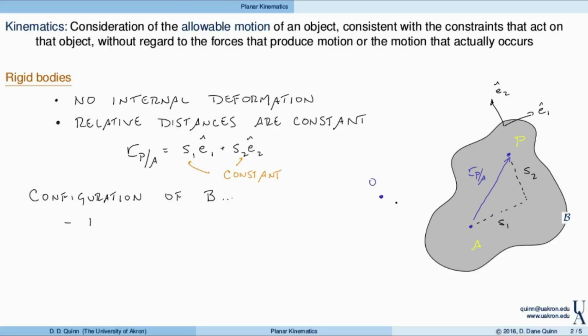Then I can describe the position of A. So this would be the vector of A with respect to O. So again, here, really we're talking about this position vector.